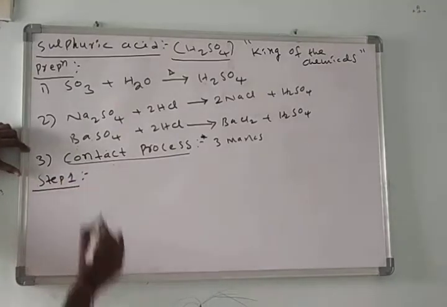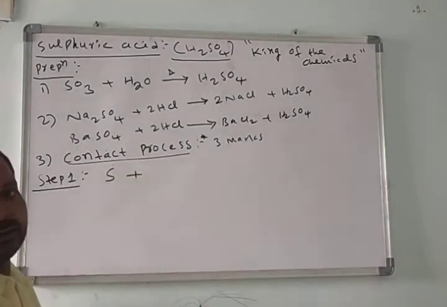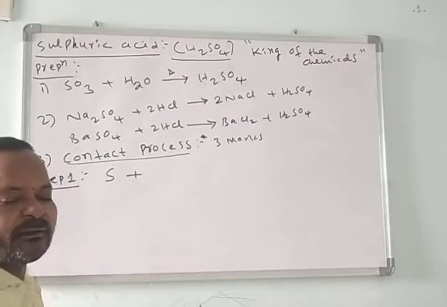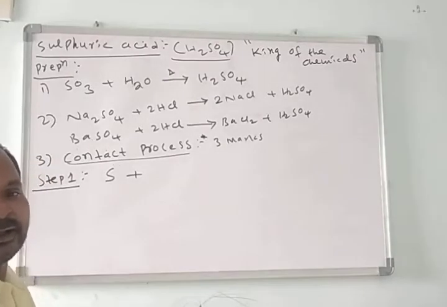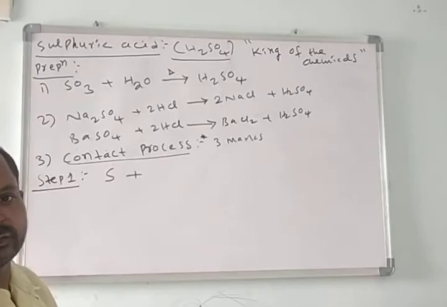Step 1. Sulfur or sulfide ore. Sulfide ore means iron sulfide, iron pyrites, copper pyrites, zinc sulfide, which we call zinc blende. All those are the best examples of sulfide ores.